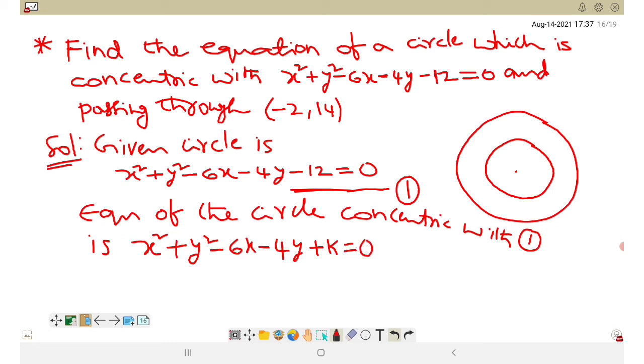Here, instead of minus 12 we take k, the rest remaining the same.